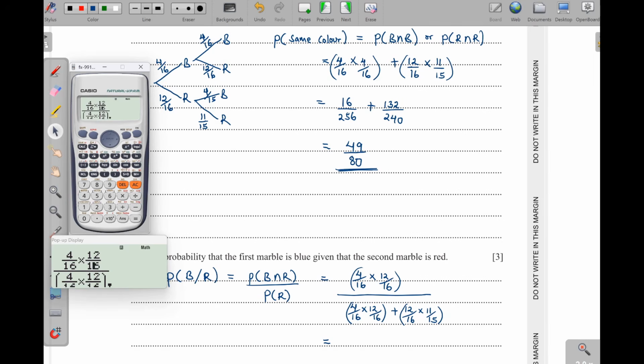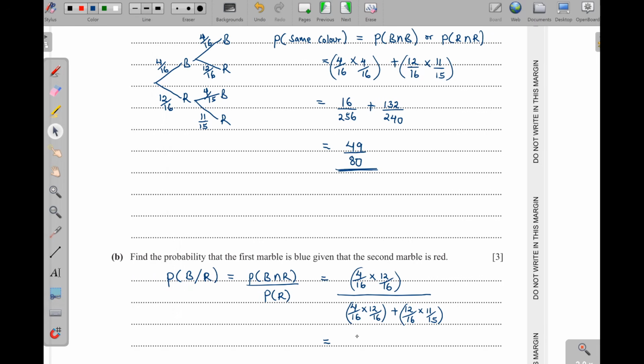And then we have another one here, plus 12 out of 16, then times 11 out of 15, like that. So we get 15 out of 59, the simplified one. 15 out of 59, as simple as that.